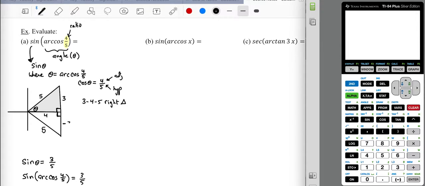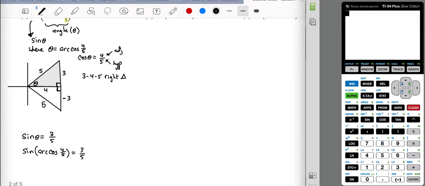That would make this a -3. So it's an either-or situation. Sine of theta would be -3/5, in which case the sine of the arc cosine of 4/5 could be -3/5.